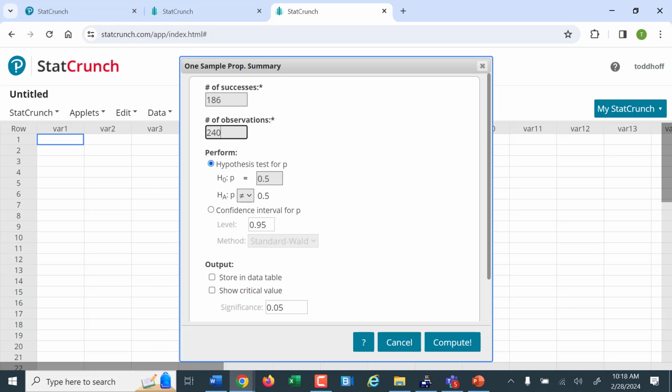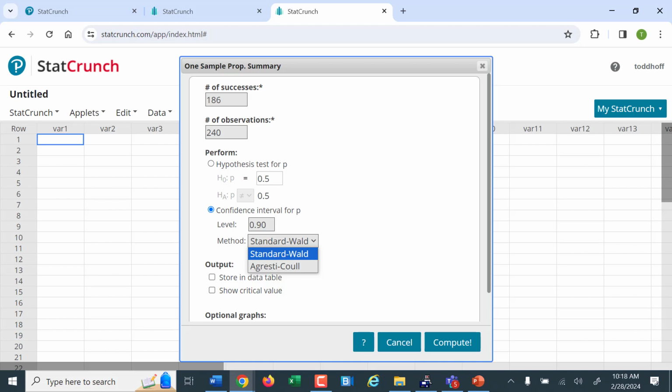Now, this first checkbox here is for a hypothesis test. That's not what we're doing. That's what we're going to do in week 10. We're doing a confidence interval, and we want to change this to 0.90. That's for 90%. And this is a standard Wald. Everything we do is going to be a standard Wald confidence interval.